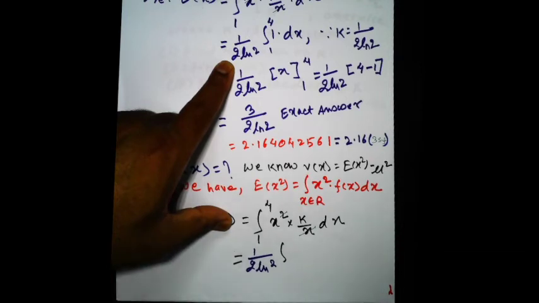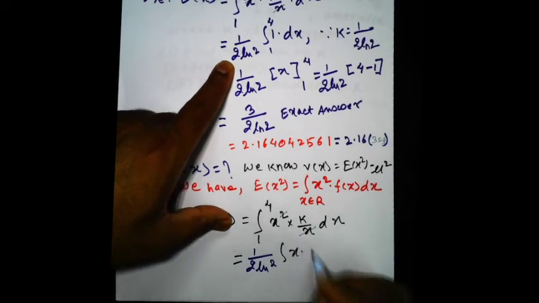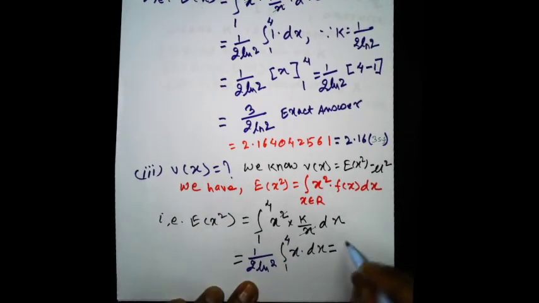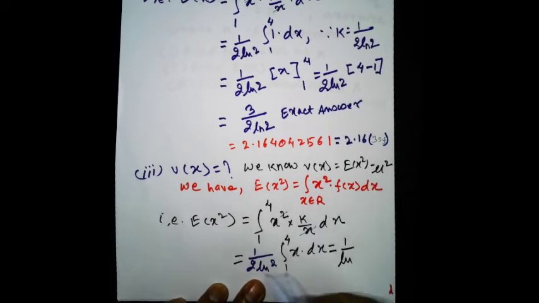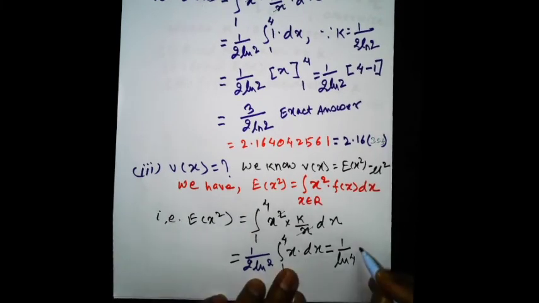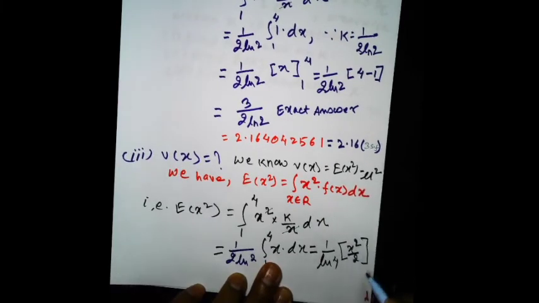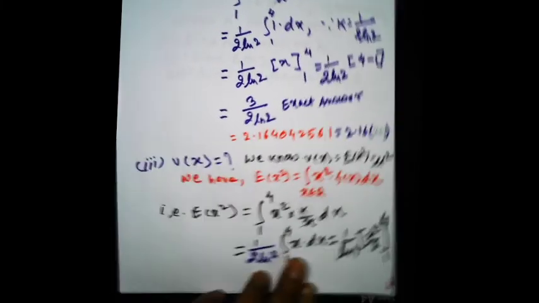Then you are left with x dx from 1 to 4, and then integration of x is x squared divided by 2 from 1 to 4.